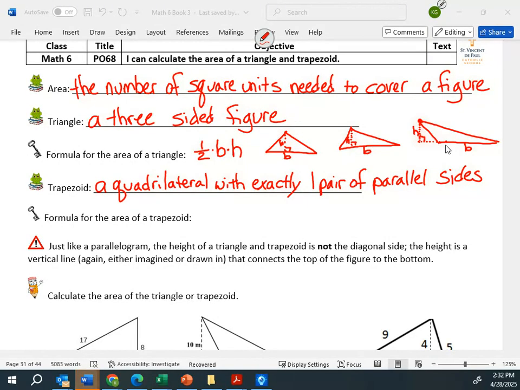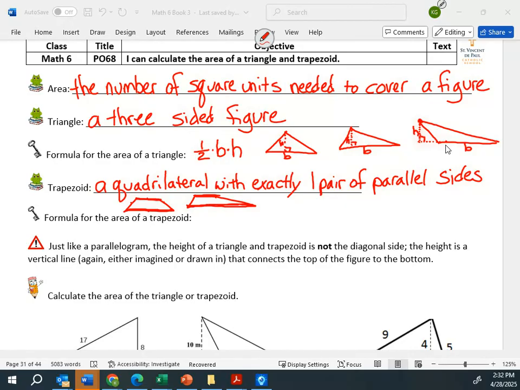So a trapezoid could look like this. It could look like that. Okay. Trapezoids have 4 sides because it's a quadrilateral. Okay. 1, 2, 3, 4 sides. 2 of them are parallel. They go straight across from each other. And then the other 2 sides are slanted. Okay, so they're going to be slanted somehow.